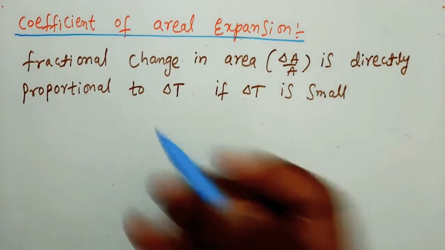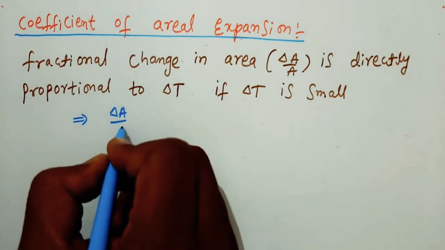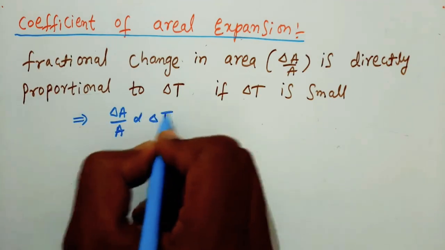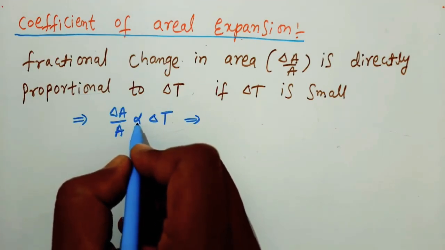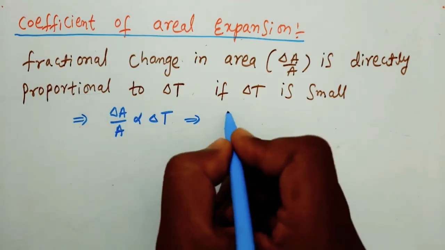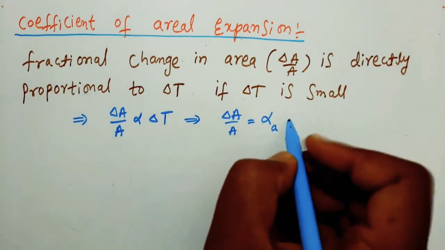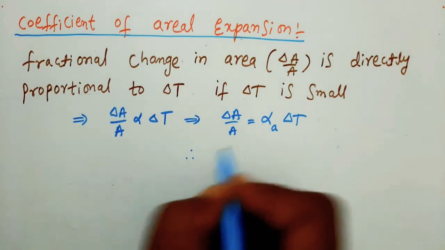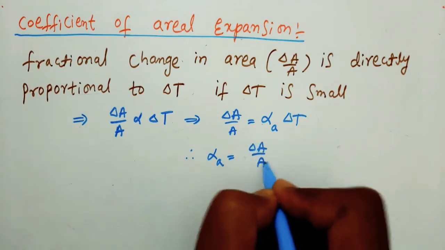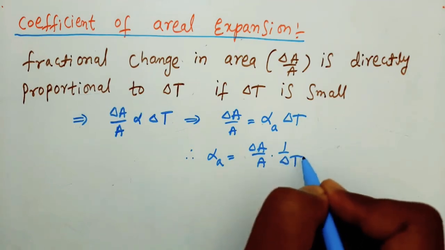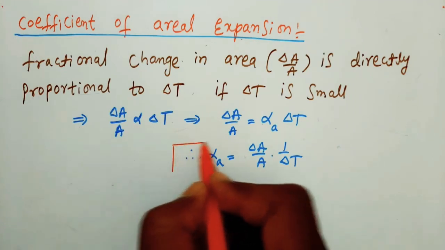So if we remove proportionality, we can take a constant. That is del A by A is equal to alpha A into del T. From this, alpha A is equal to del A by A into 1 by del T. So this alpha A is known as coefficient of areal expansion.